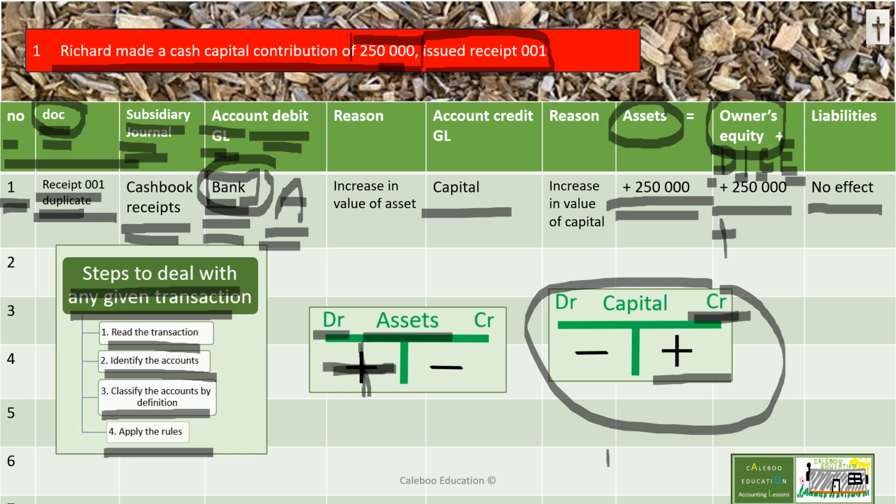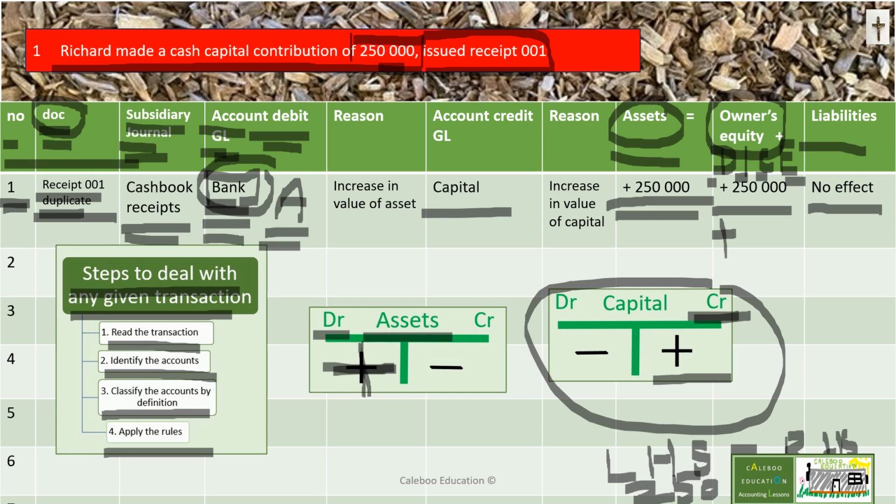So ladies and gentlemen, the left-hand side of the equation, assets, is equal to the right-hand side, because you have 250,000. I'm just going to write 250 under assets, and you have 250,000 under owner's equity. 250 is equal to 250.